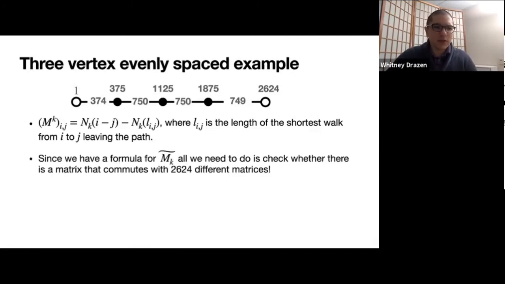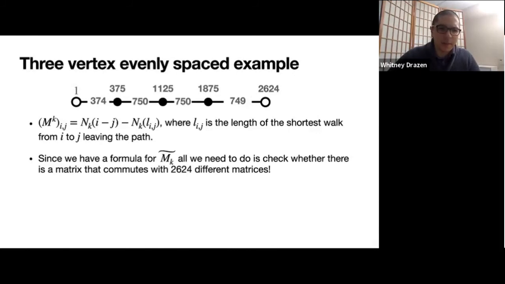Since we have this formula, we know that for fractional cospectrality we need to find a matrix that commutes with all of our restrictions of M to the k, for all k.